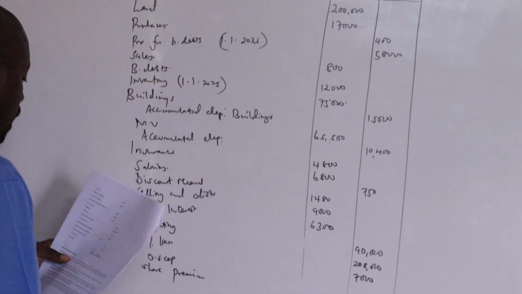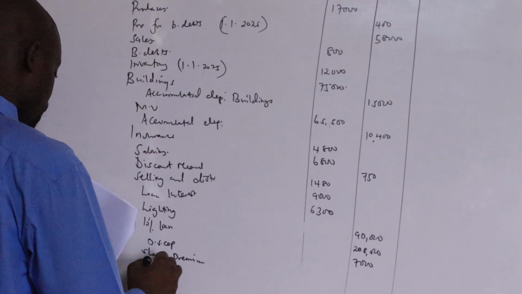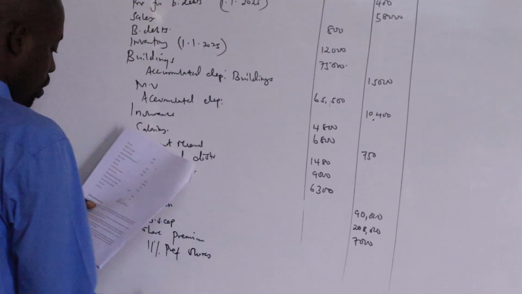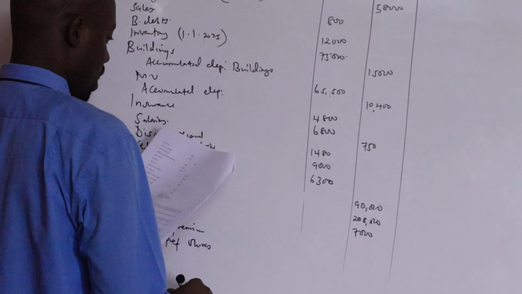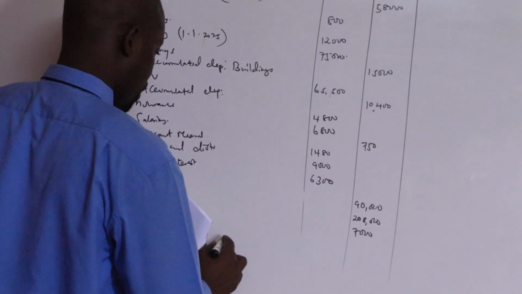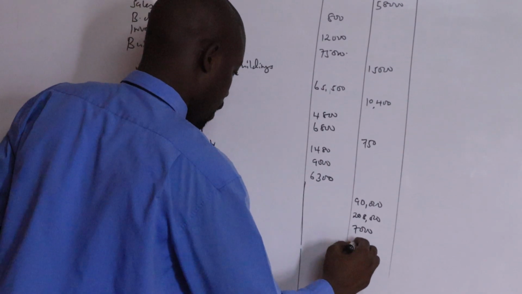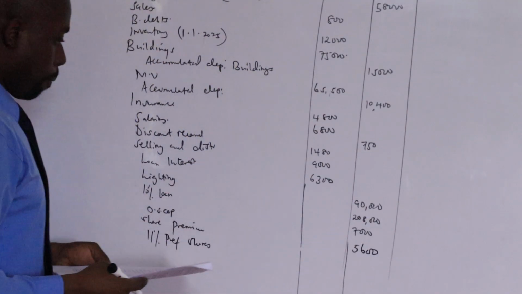Then next we have 11% preference shares, with 5,600. Hope they'll fit here so that we can use all of them.